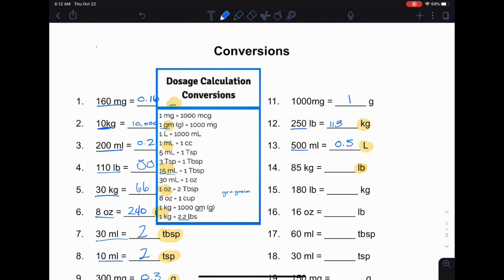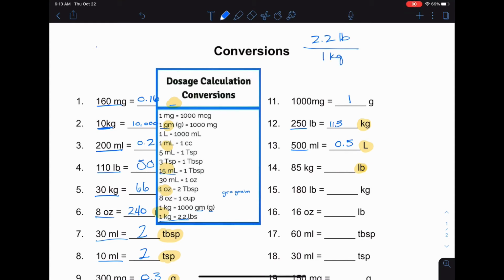Okay, so number 14, 85 kilograms is equal to how many pounds? So we're working towards pounds. Remember our conversion, 1 kilogram to 2.2 pounds. We're working towards pounds. We're going to put that up top. All right, 2.2 pounds is equal to 1 kilogram.